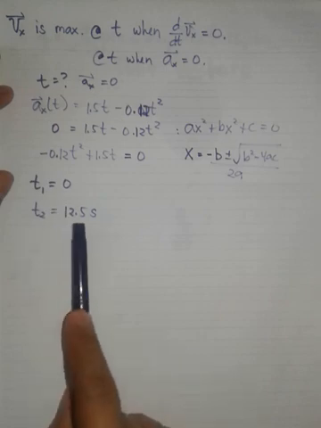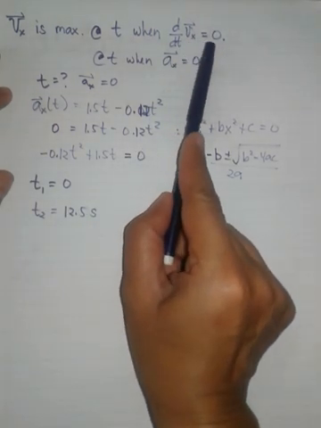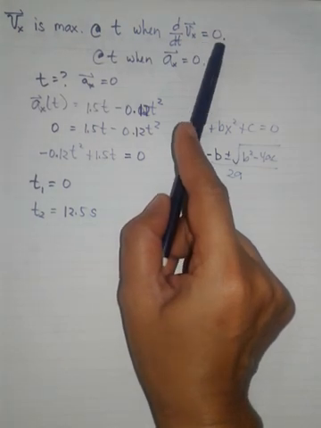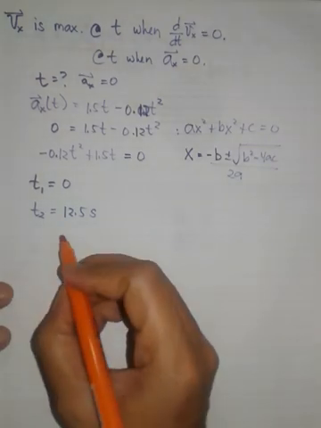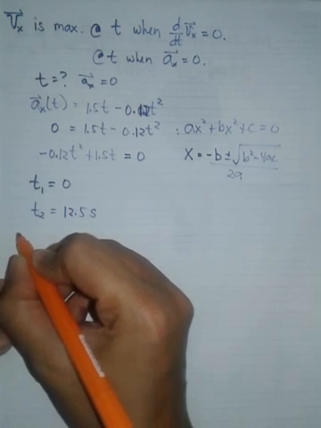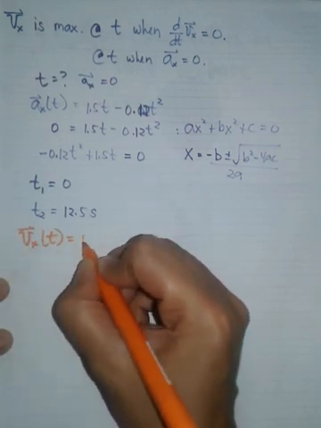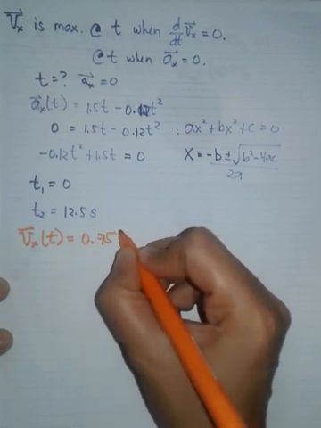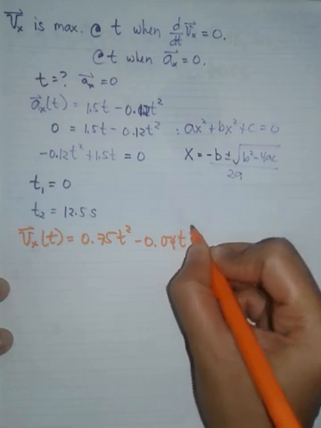So, now that we have the time, when the v is already not changing, then we can go back to our velocity equation as a function of time. So, we have there, ang Vx natin of t is 0.75 t squared minus 0.04 t cubed.